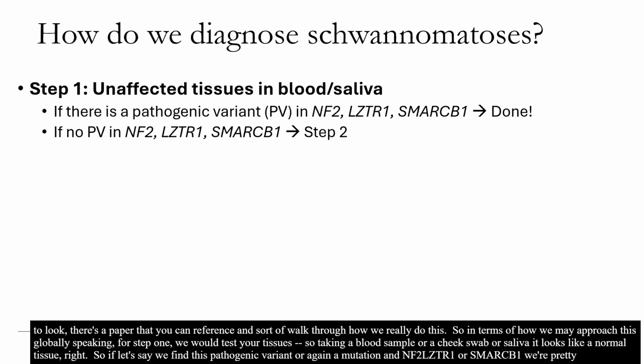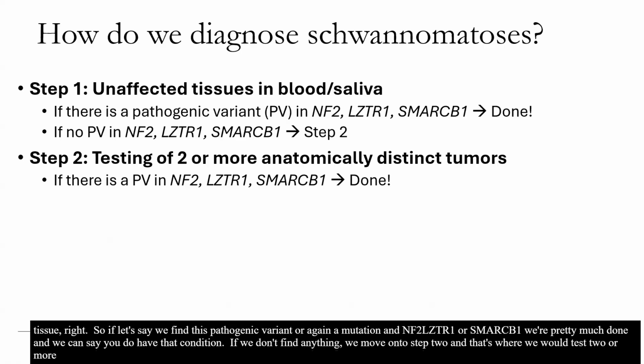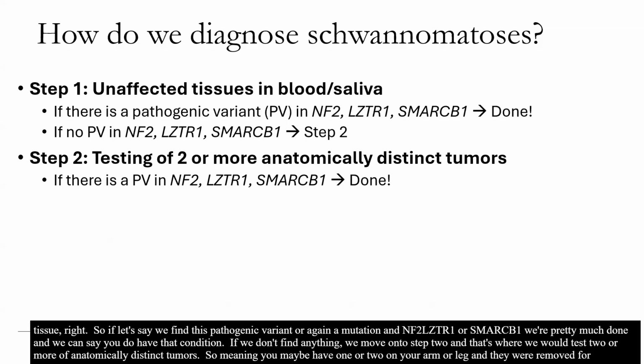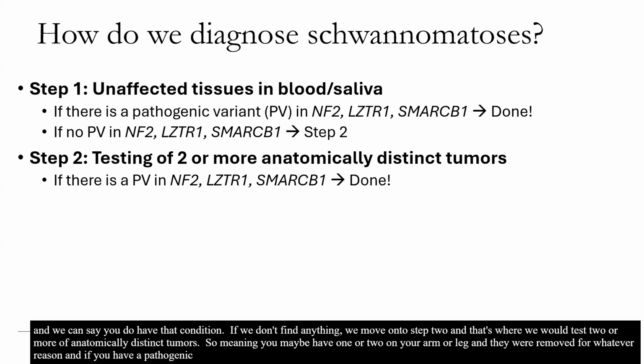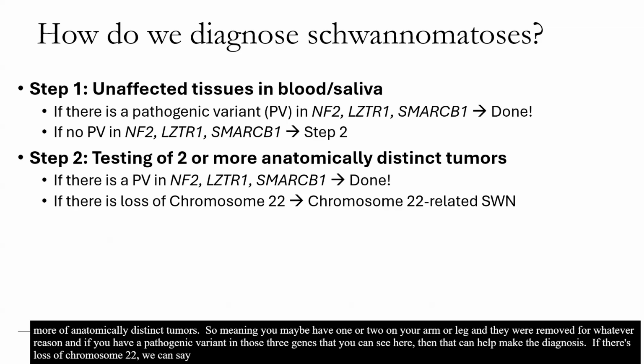If we don't find anything, we move on to step two, where we would test two or more anatomically distinct tumors. So, meaning, maybe you have one schwannoma on your arm and one on your leg, and they were removed for whatever reason. If you have a pathogenic variant in those three genes that you can see here, then that can help make the diagnosis. If there's loss of chromosome 22, we can say that that's chromosome 22 related schwannomatosis.